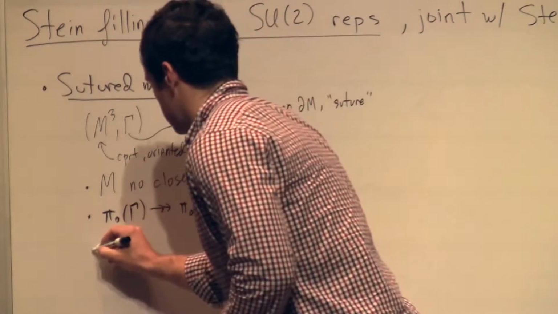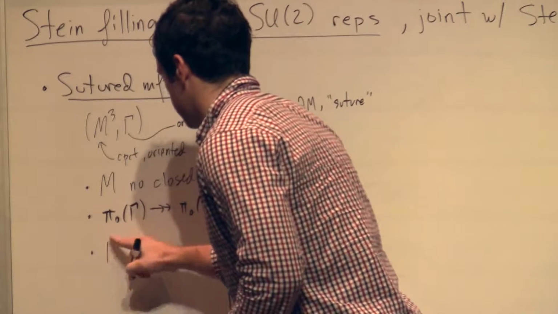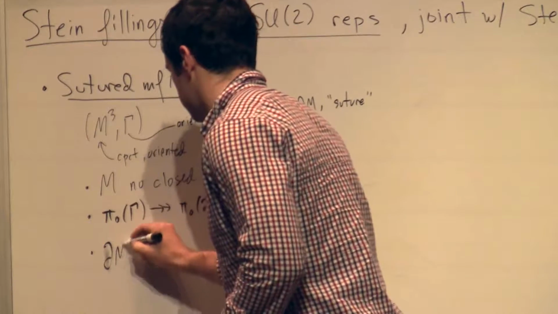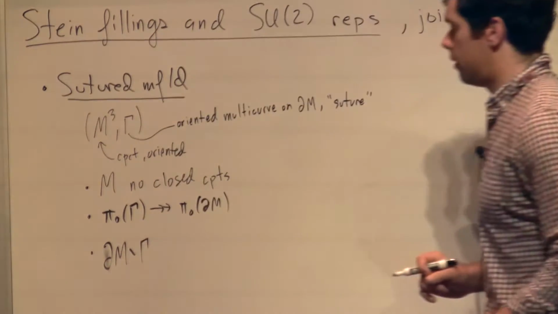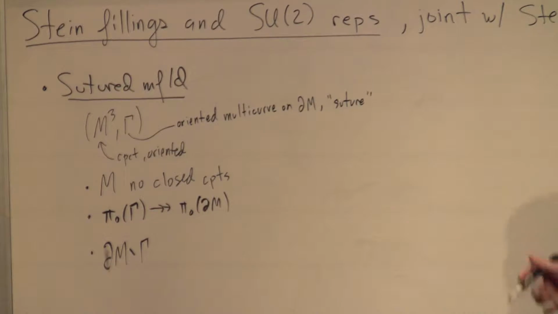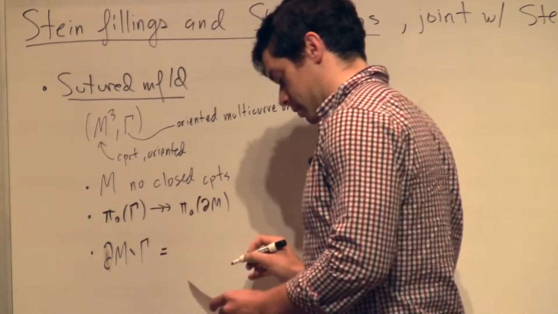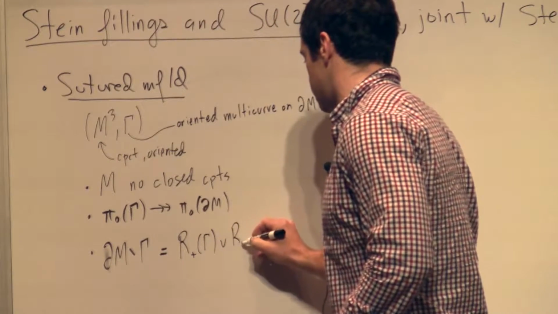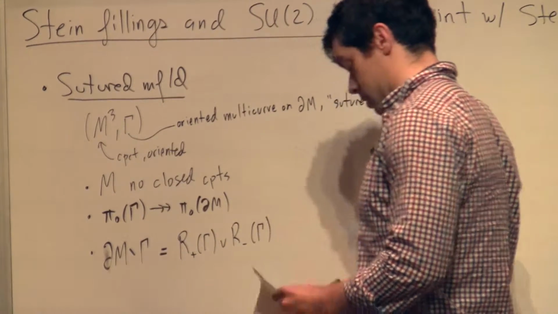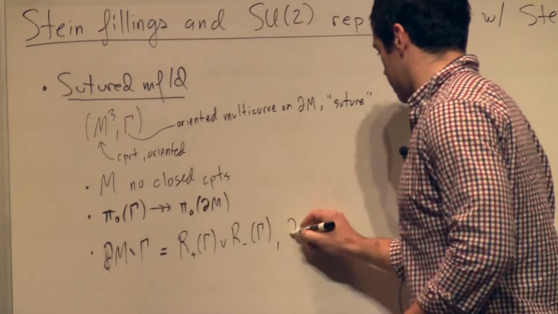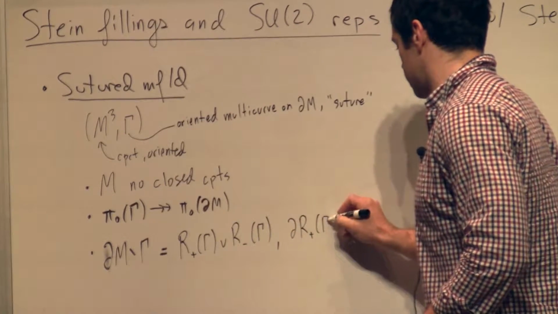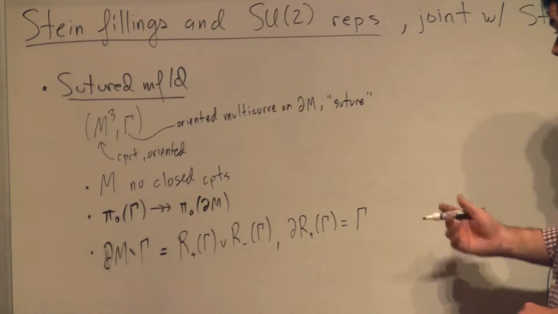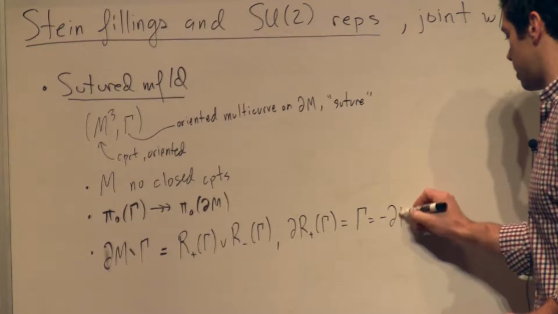And maybe the most important thing is that if we look at the complement of the suture in the boundary, this curve divides the boundary into two subsurfaces, R plus and R minus, with the property that the boundary of R plus is equal to this oriented curve, and that's minus the boundary of R minus.